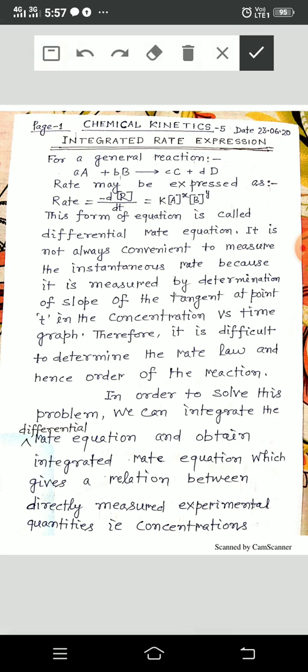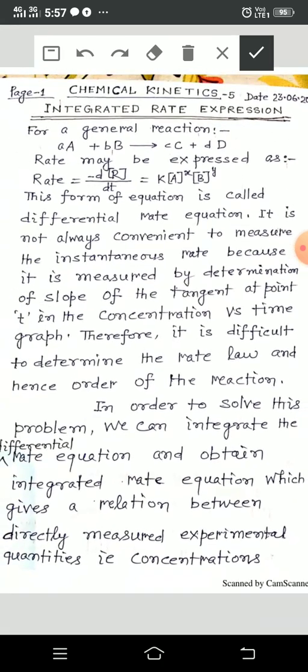for a general reaction aA plus bB gives cC plus dD, here is the equation.